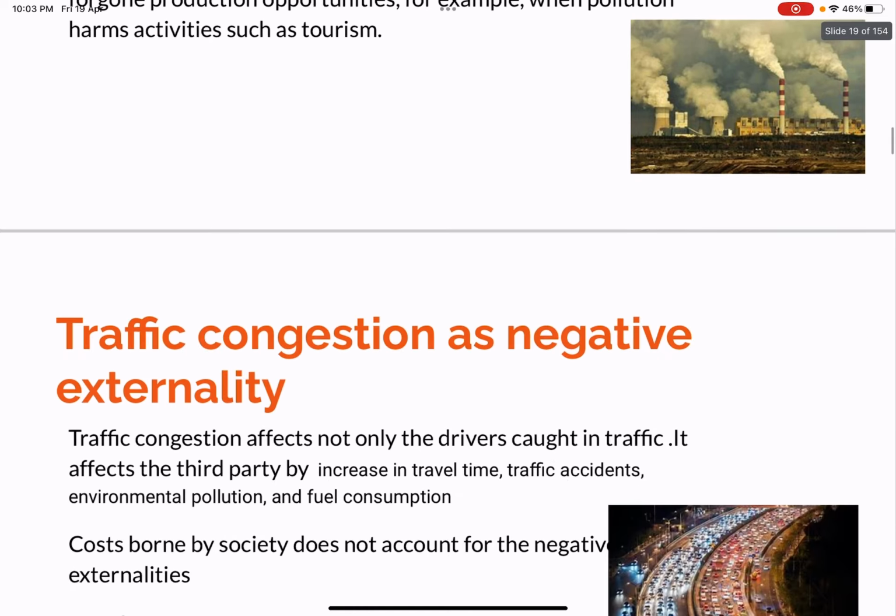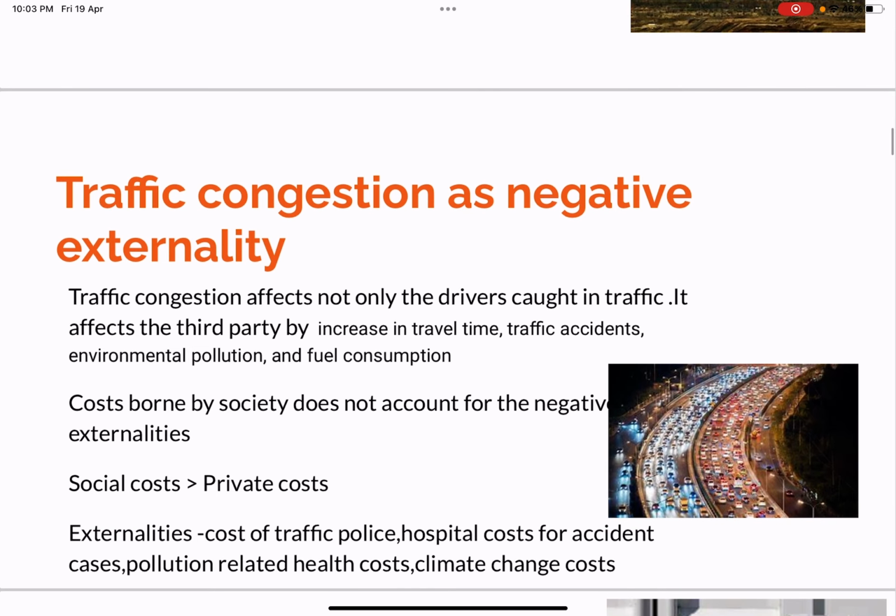Another example of negative externality is traffic congestion. We know that traffic congestion affects not only the drivers who are caught in the traffic, it affects the third party. And how does it affect the third party? There would be an increase in travel time, or there could be more possibilities of traffic accidents.